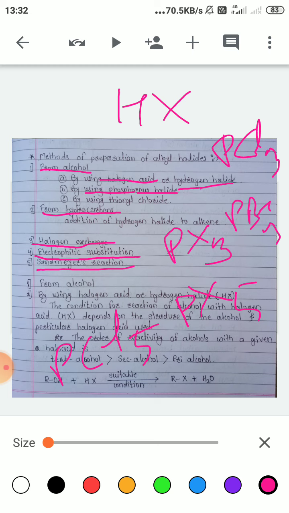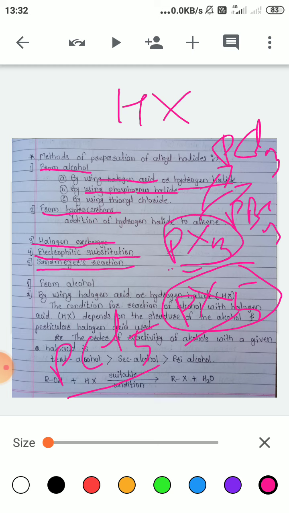That is by using phosphorus trihalides and by using phosphorus pentahalides. In phosphorus trihalides, generally we give preference to phosphorus trichloride and phosphorus tribromide, while in case of phosphorus pentahalides, generally we use phosphorus pentachloride.